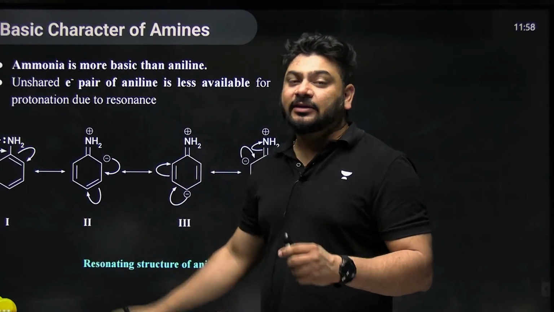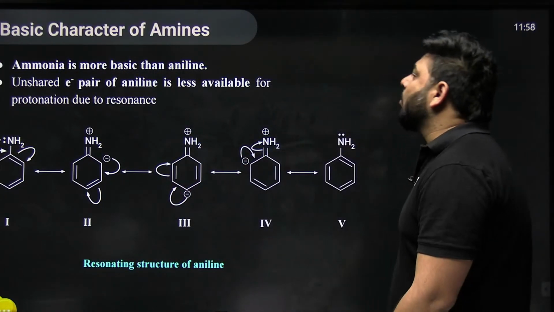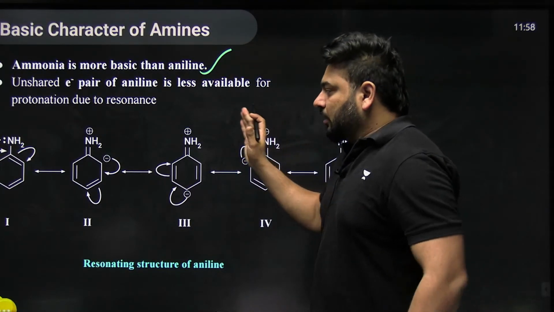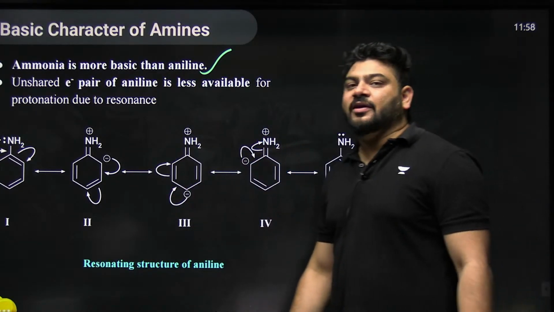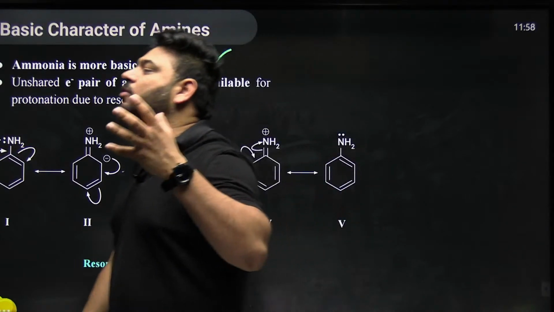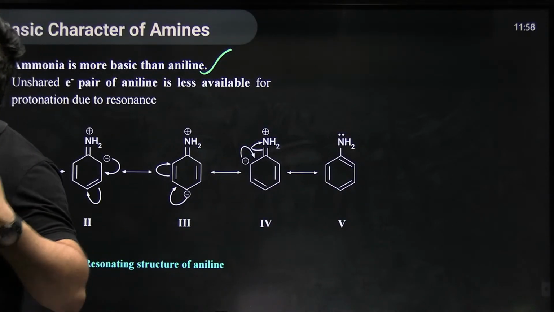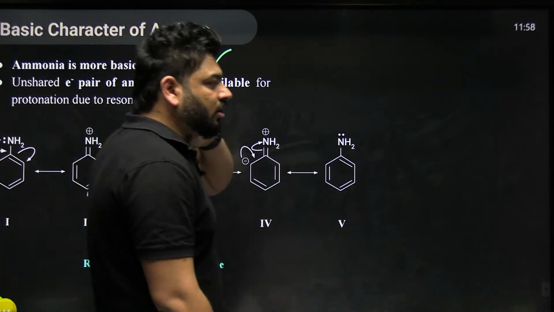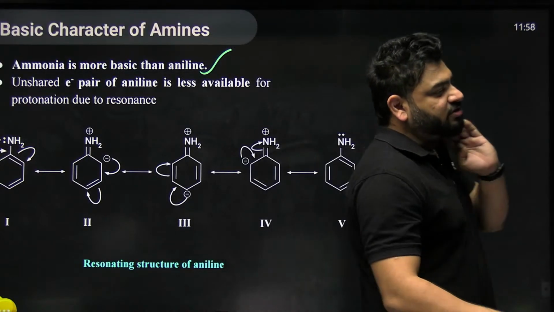This is the basic strength. So first of all, ammonia is more basic than aniline, because aniline has this many resonating structures where electron density is distributed over the whole molecule, and that makes less availability over nitrogen to be attacked by hydrogen, because this is a stable molecule. It's relatively stable because its electron density is distributed all over the molecule.